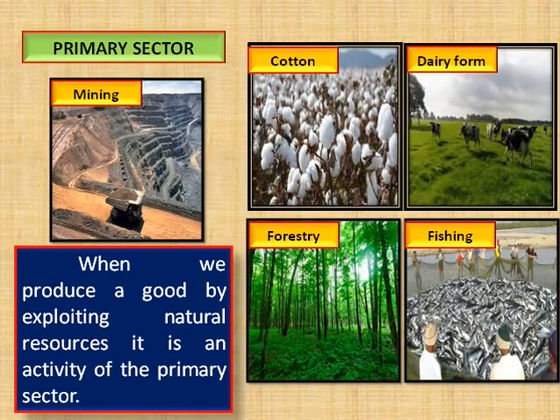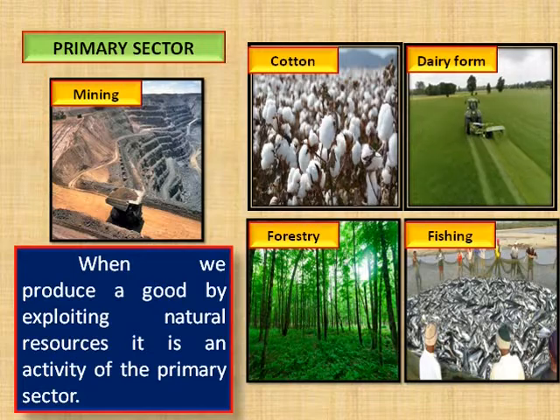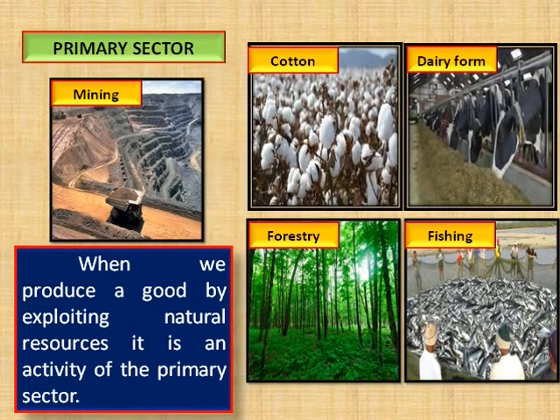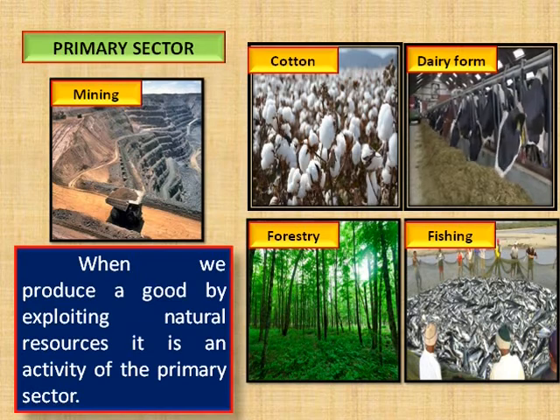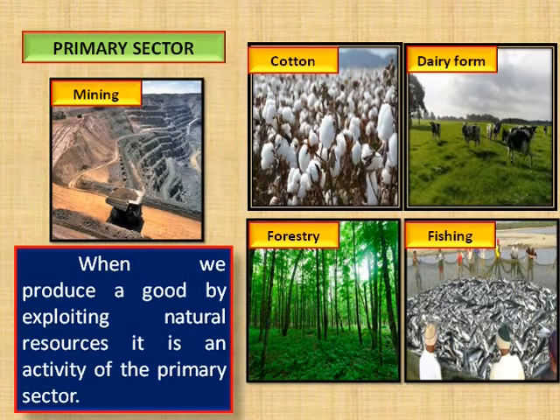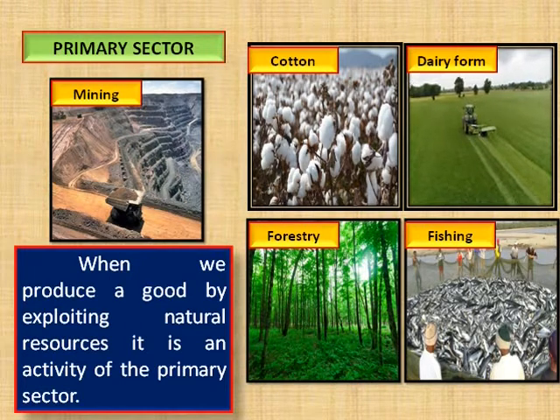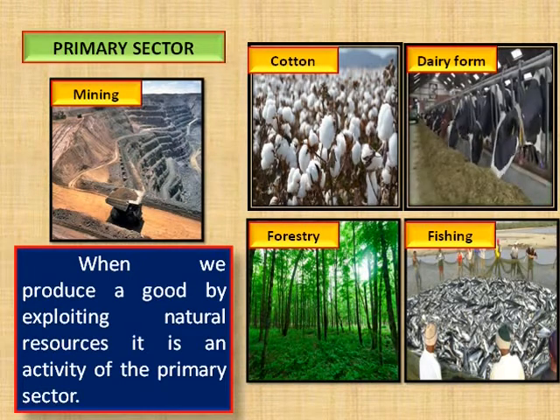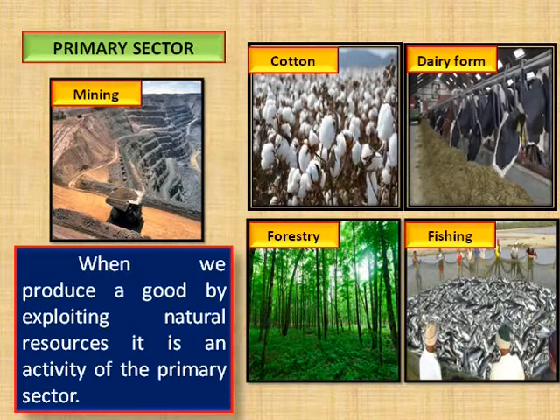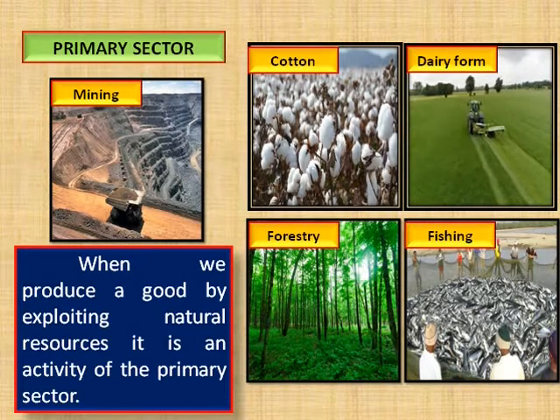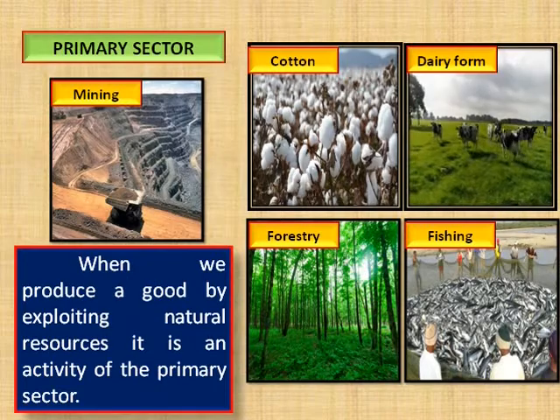Since most of the natural products we get are from agriculture, dairy, fishing, forestry, this sector is also called agriculture and related sector. Why should we call this the primary sector? This is because it forms the base for all other products that we subsequently make.